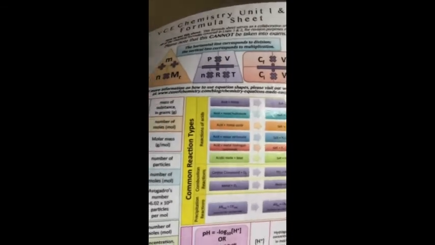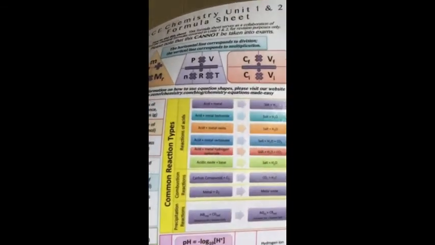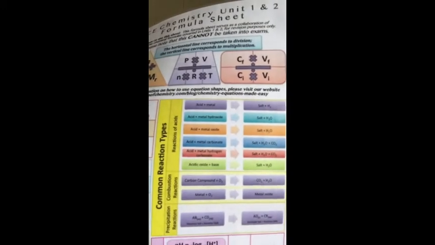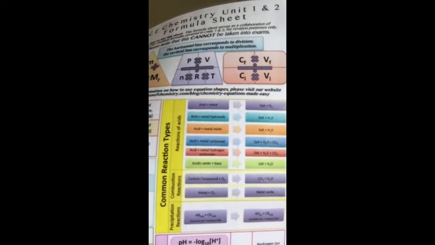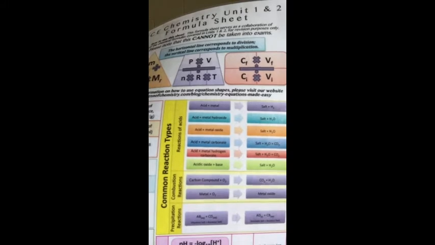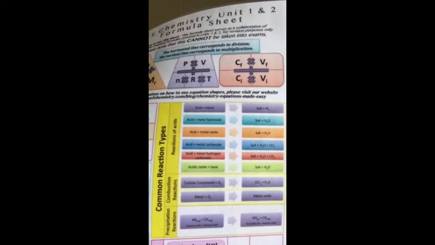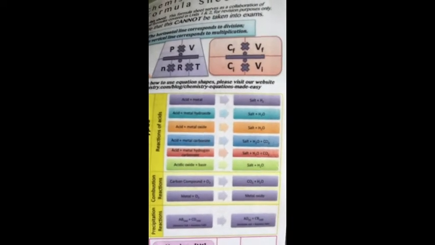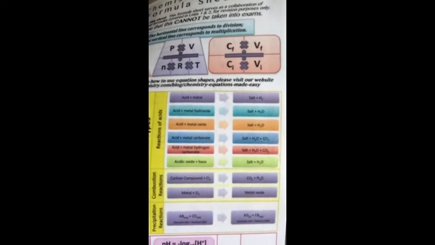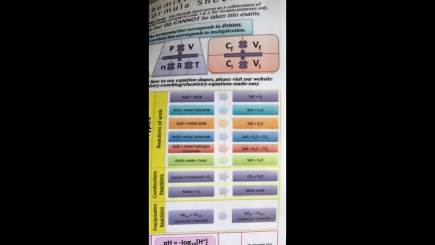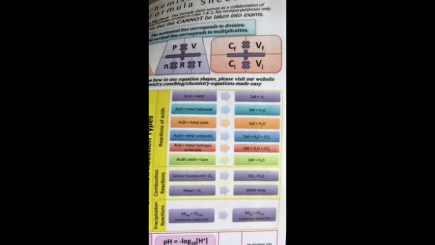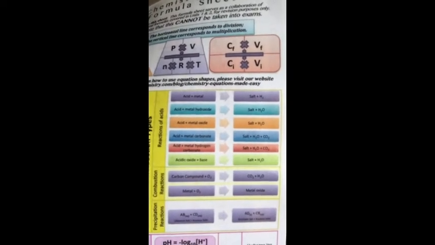When we have the top one there, acid plus metal, metal's always going to be solid. If we go to the next one down, metal hydroxide, and the next one down there, metal hydroxide or metal oxide, they will always be a solid, so you're adding an acid to a solid. And then if you look on the right hand side, those top 3 make a salt.